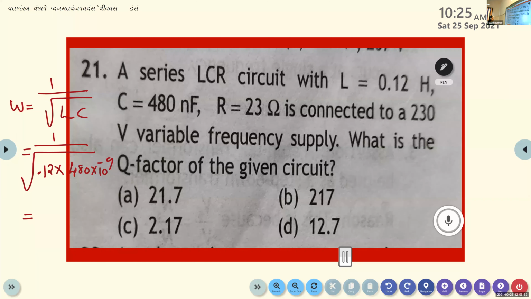Did you get the answer? 1 by root of 0.12 into 480 into 10 raised to minus 9.